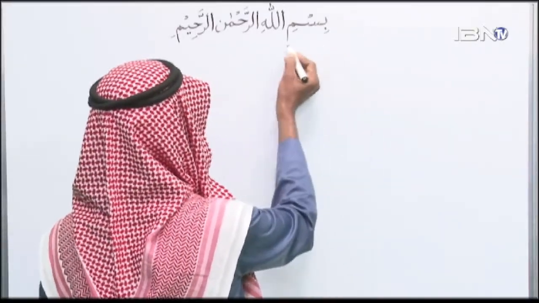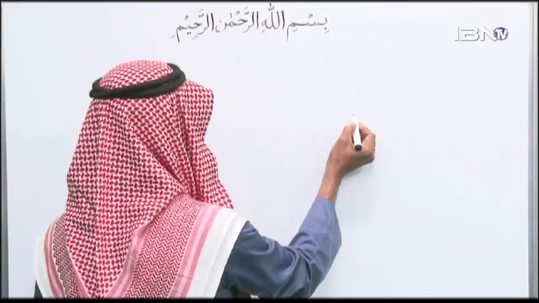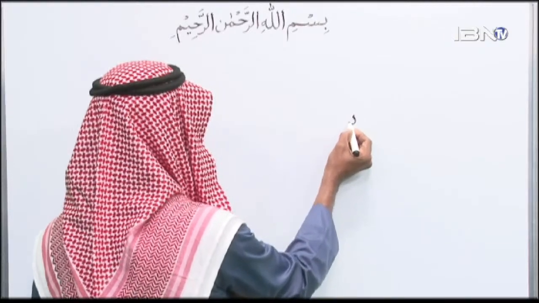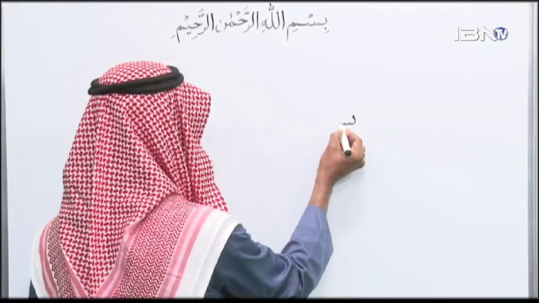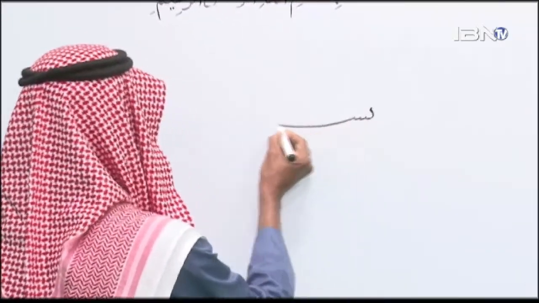So for the Bismillah, the first part of it, you would notice the ba, small, and then the letter sin, and then there is a long line going all the way like that.